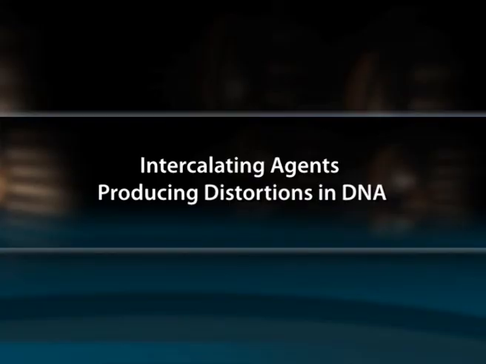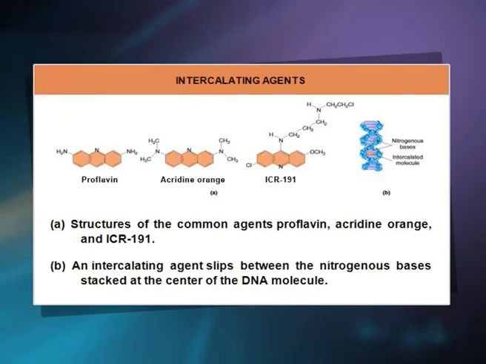Intercalating agents producing distortions in DNA. The intercalating agents form another important class of DNA modifiers. This group of compounds includes proflavin, acridine orange and a class of chemicals termed ICR compounds. These agents are planar molecules which mimic base pairs and are able to slip themselves, or intercalate, between the stacked nitrogen bases at the core of the DNA double helix.